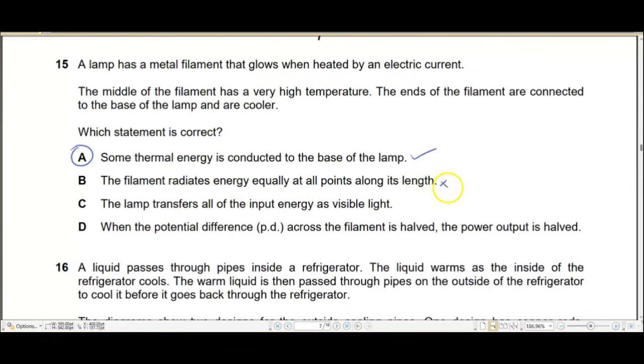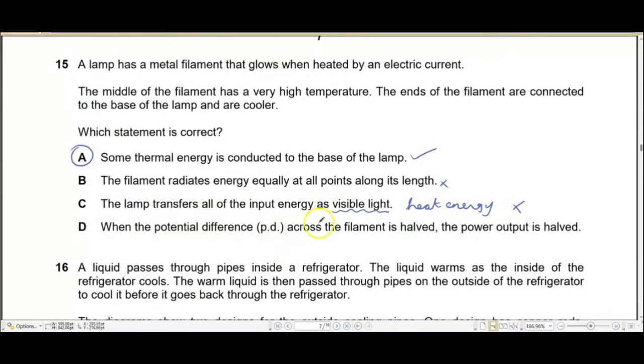That is why B is not our option. Option C is that the lamp transfers all of the input energy as visible light. We all know that whenever there is a metal filament and it glows, some of the energy is being transferred into heat energy. So that is why this option is not applicable.